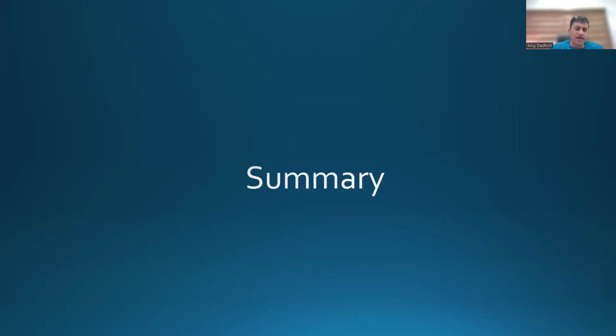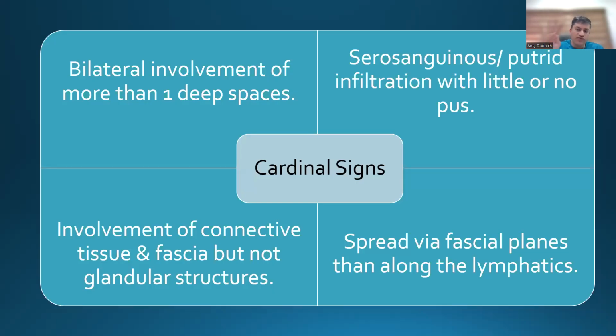Now, if I try to summarize the entire topic, what I would like to stress upon are these four cardinal signs of Ludwig's angina. First is bilateral involvement of more than one deep space. If it is unilateral, it is not Ludwig's angina. If it is Ludwig's angina, it has to be bilateral.